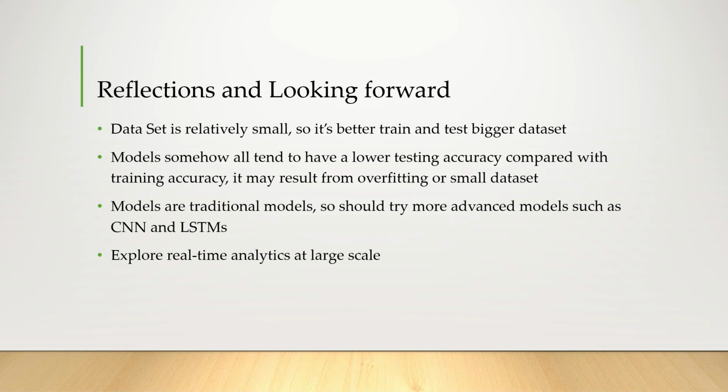So for future development, it's better to train and test our model on a larger dataset. Also, our models are built on four traditional algorithms. Maybe some more advanced algorithms such as CNNs and LSTMs can help improve our model performance.